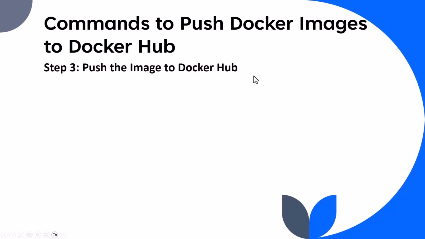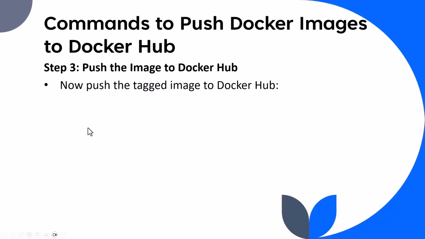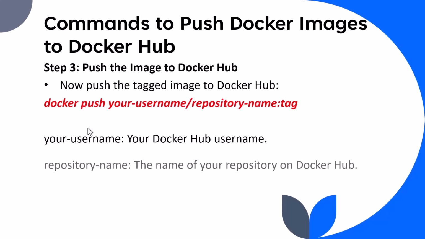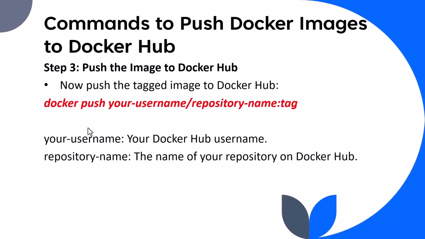Now commands to push the Docker images to DockerHub. Now we push the tagged image to DockerHub. So that is docker push your username / repository name colon tag. So you know everything: your Docker username and repository name is again the one that we use for tagging, and the tag is the version or tag for your image.